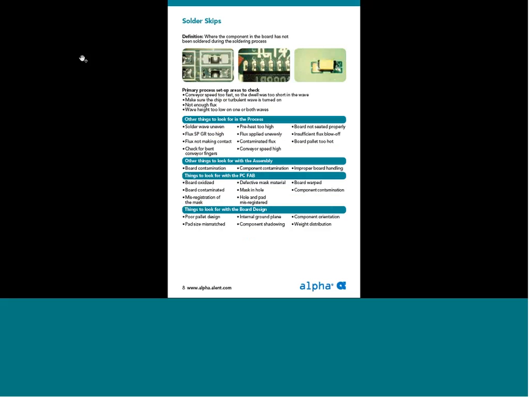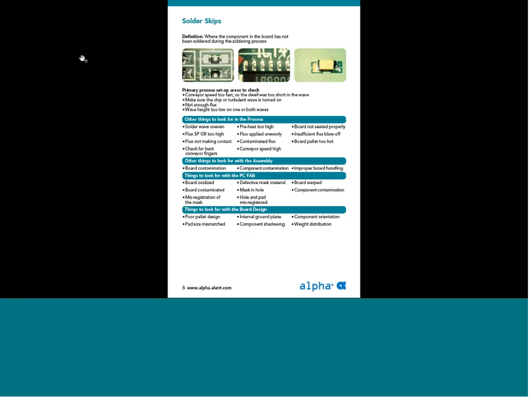Solder skips. If you're doing SMT components, you probably want to have a chip wave in addition to your standard lambda wave. If you're getting shadowing, i.e. no solder joint on one side, not the other side, your conveyor speed could be too fast.